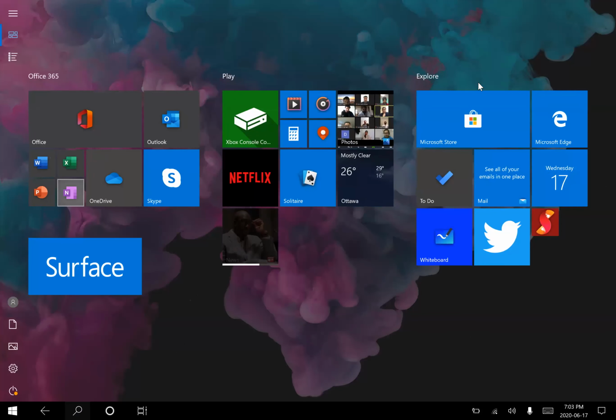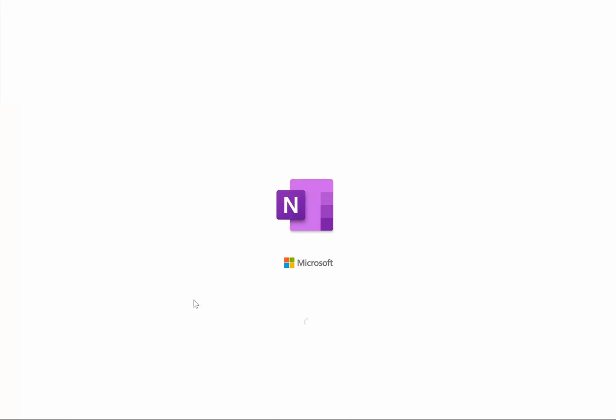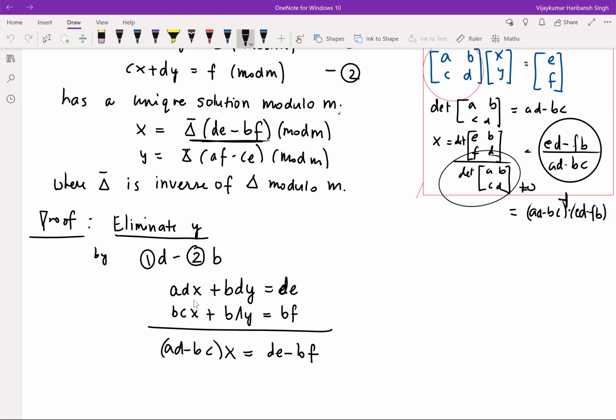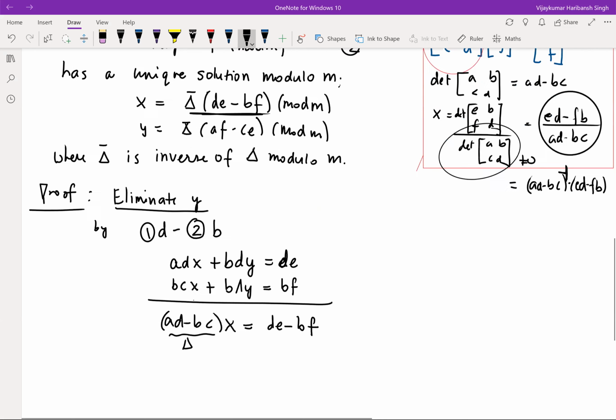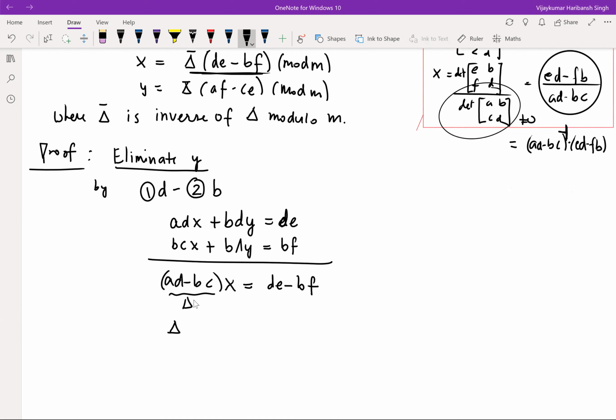Now this is indeed your delta. So that means delta x is congruent to DE minus BF mod m, because all this is happening modulo m.